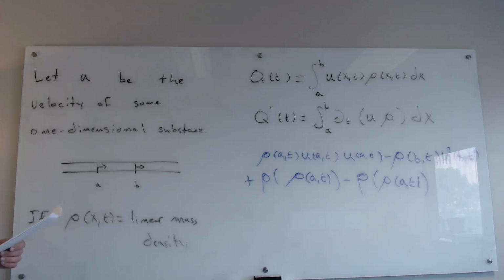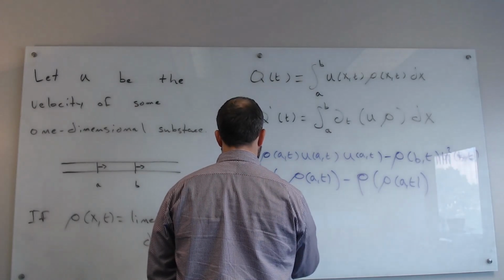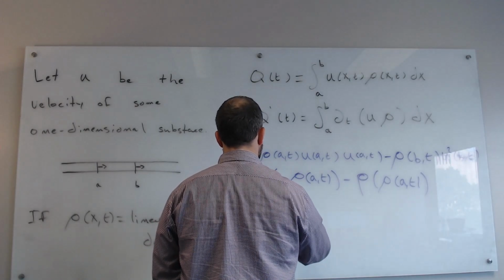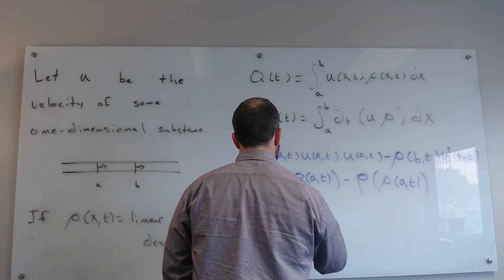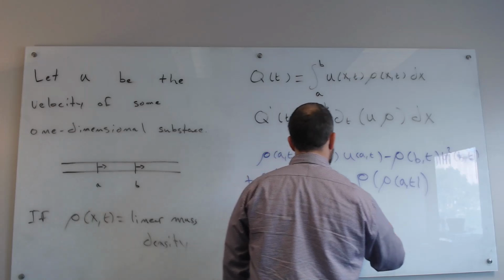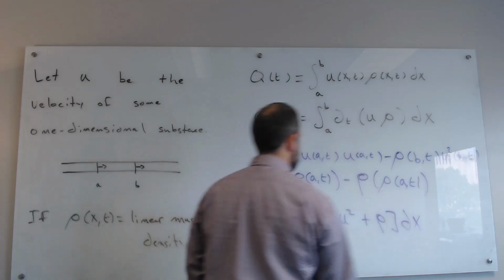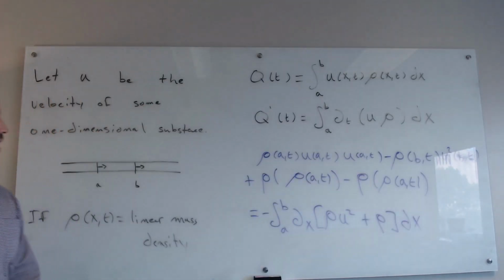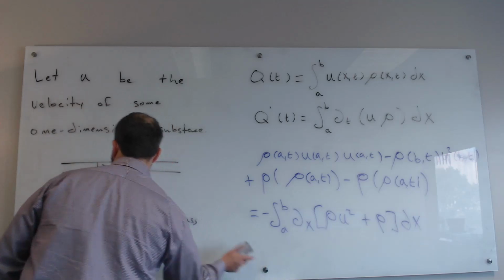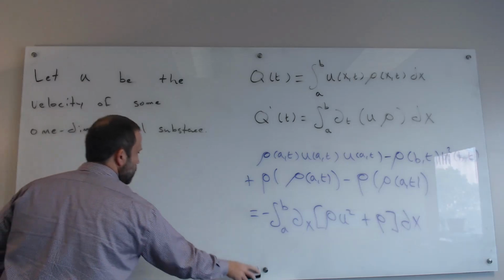Then we can combine this into one integral, again using the fundamental theorem of calculus, and this is going to be minus the integral from a to b of the x derivative of rho u squared plus p, dx. Now what the equation becomes, I'm going to write over here, so I'm going to get rid of this because I don't think I need it right now.